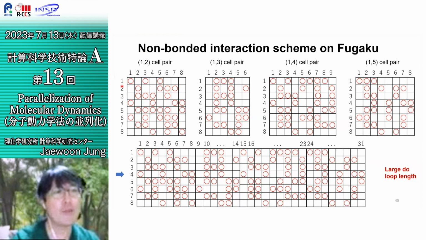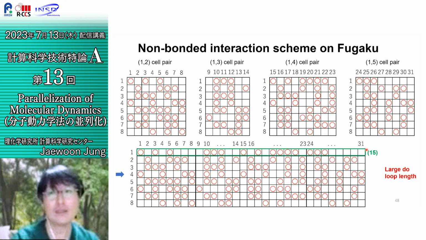But for the same particle, we can make one loop together, and we can make a large loop length for each particle. Previously, the first particle of the first cell had loop lengths 3 and 3, and here 6 and 3, separately. But on Fugaku, by combining them together, we make a much larger loop length. Yeah, so I just do it this way.